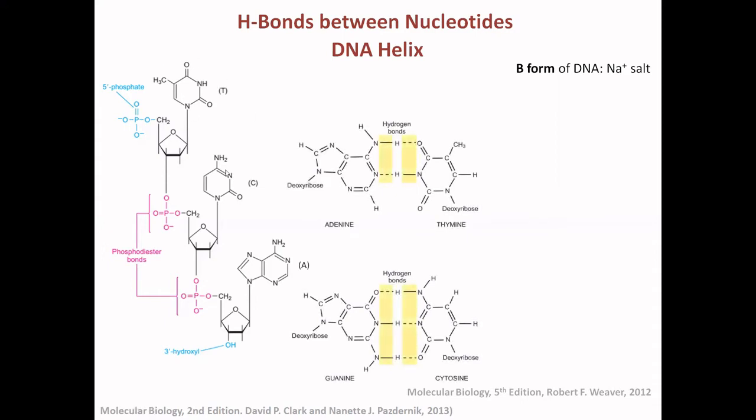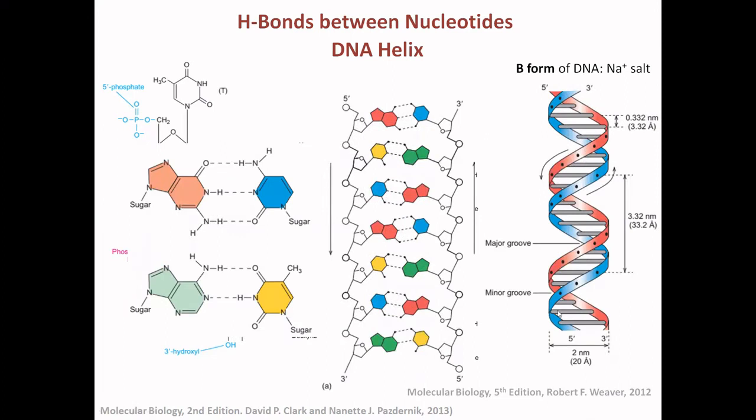So these nitrogenous bases form hydrogen bonds: adenine forms a double hydrogen bond with thymine, and guanine forms a triple hydrogen bond with cytosine. So the complementary DNA strands run in opposite directions, and form a double-stranded DNA helix.